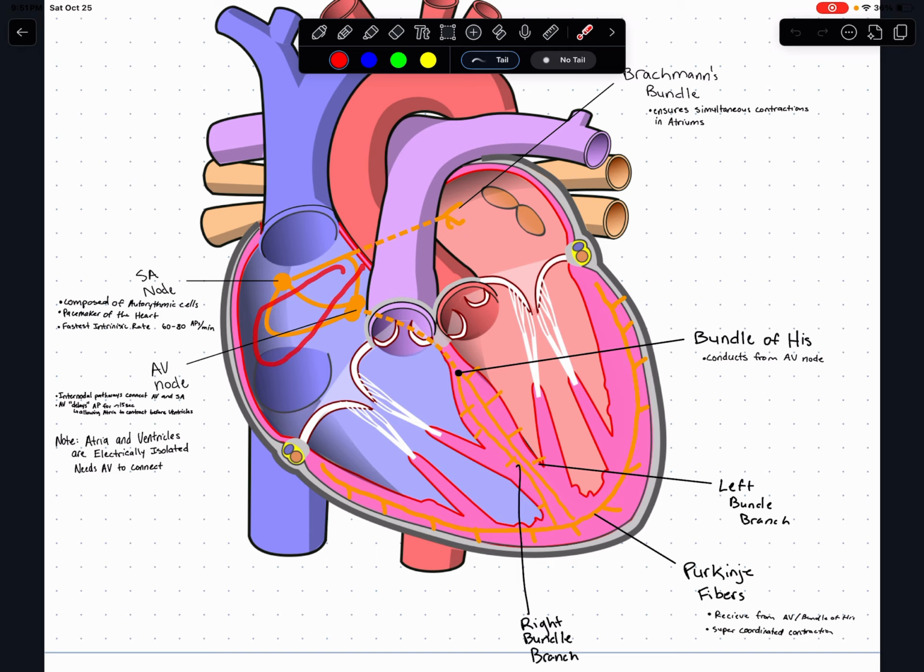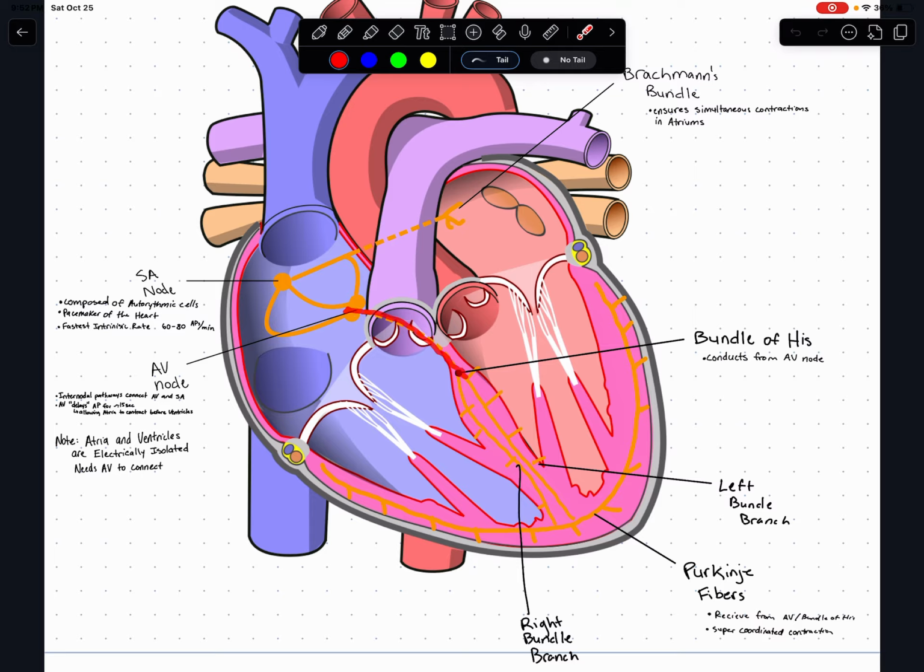This is just to give your heart time to actually contract the atria before you contract the ventricles. You don't want to do them at the same time. And so the AV node is responsible for giving them that offset, that delay.